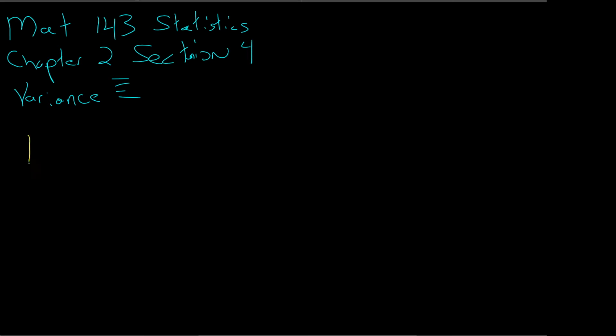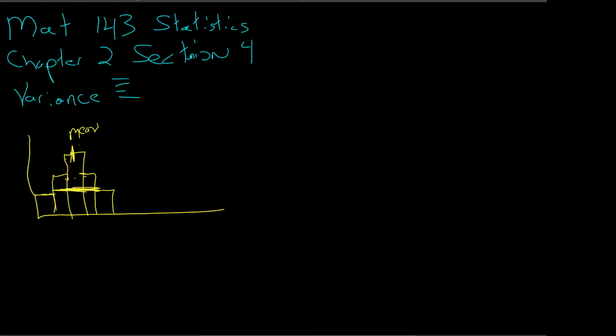So, for example, we have a distribution, and I'll do it in bins, like such. We can see that there's a mean, a median, and a mode that's here, and there's a good chunk of stuff here.